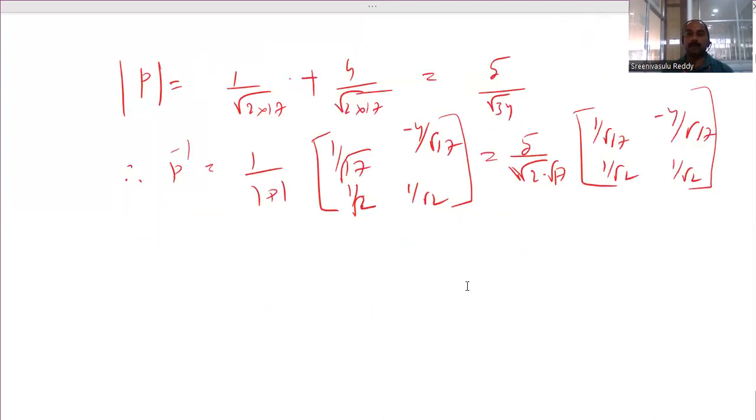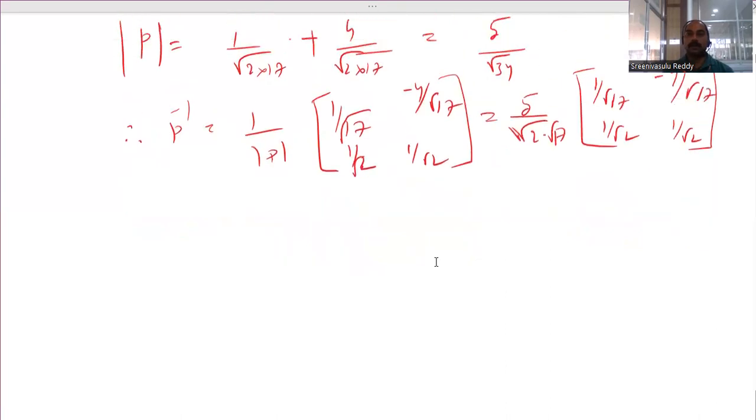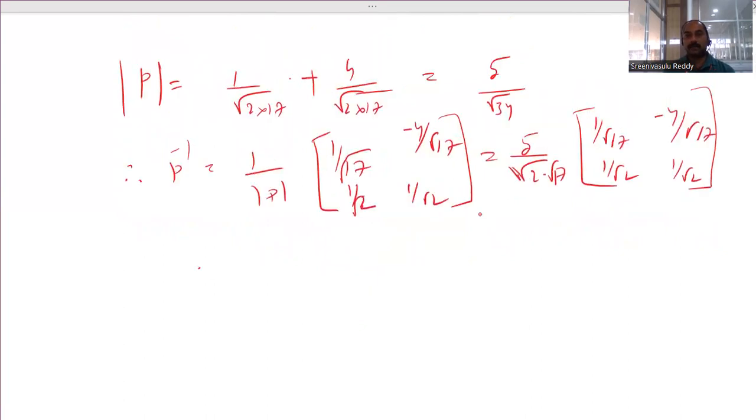Now multiply the scalar with the given matrix. We get first one 5 by root 2, second one 5 by, oh, I am making a mistake.